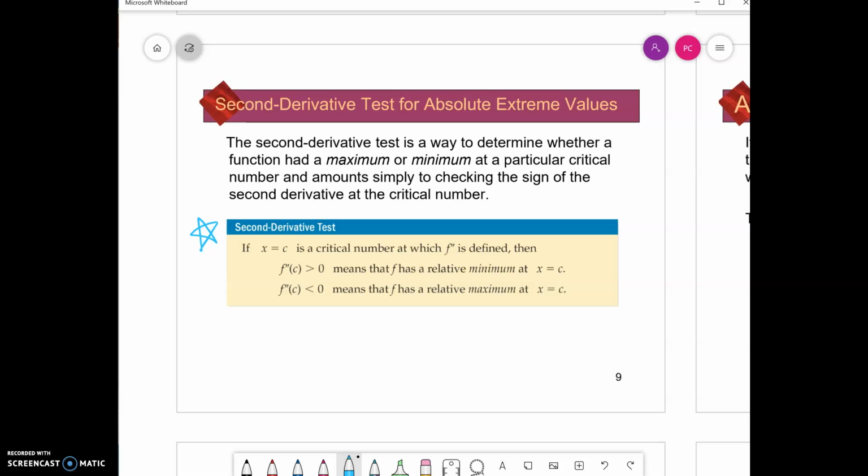Okay, if the second derivative at c is positive, we know we have a relative minimum at x equal to c. If f double prime of c is less than 0, is negative, then we have a relative maximum at x equal to c. It's always backwards from what you think. All right.